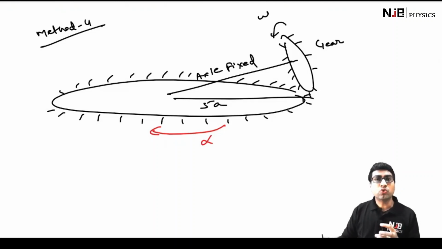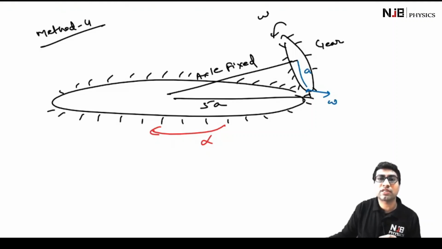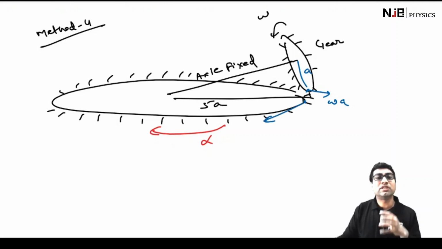Now if you consider this gear system, then we know that in a gear system the tangential velocities of the two gears must be the same. So if you look at this smaller gear, what is going to be its tangential velocity? It is going to be omega times its radius, which is a, so it becomes omega a. And what will be the tangential velocity of this gear in the horizontal plane? It is going to be its angular velocity, alpha, times 5a.